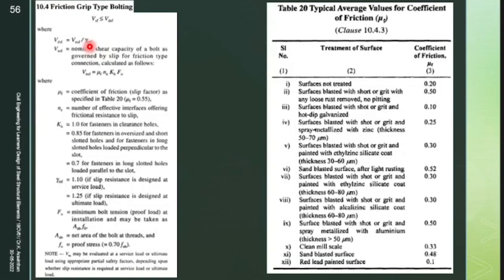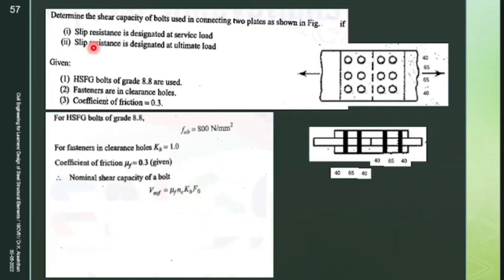So this is the capacity, divided by 1.1 for the service load. So what is 1.1? Gamma M, material safety factor. So now take that tabular column. You will have at service load, which will be 1.1. You divide this, you will be getting 74,850 for a single bolt.